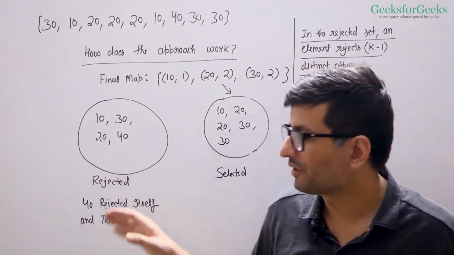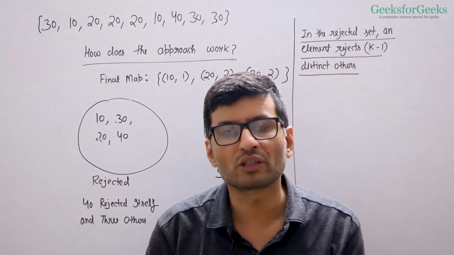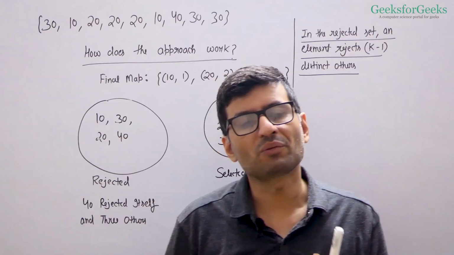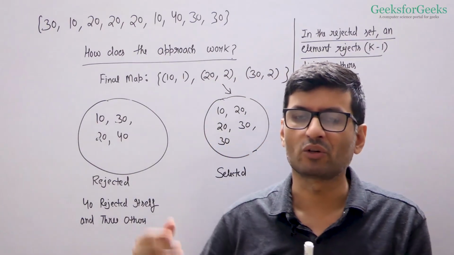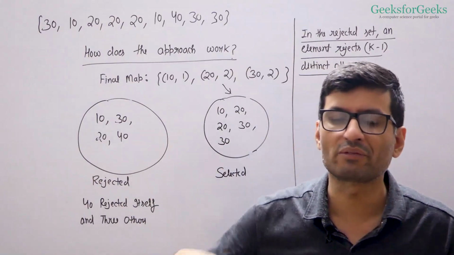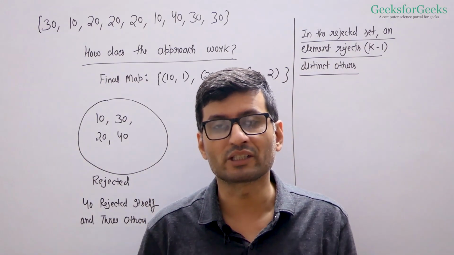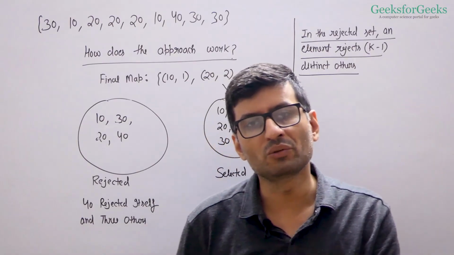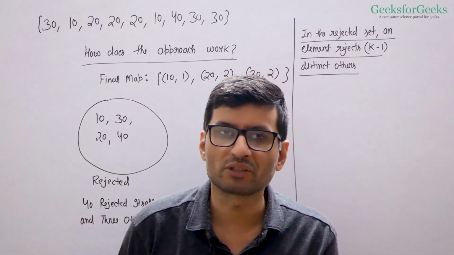So one element in this rejected set rejects exactly k minus 1 other elements. Let's say one element is the element which has rejected all the other elements in all the cases. Let's say 40 came every time whenever the map was full and it kept on rejecting the other elements. Let's consider the worst case. Even in the worst case, how many times will this 40 appear?